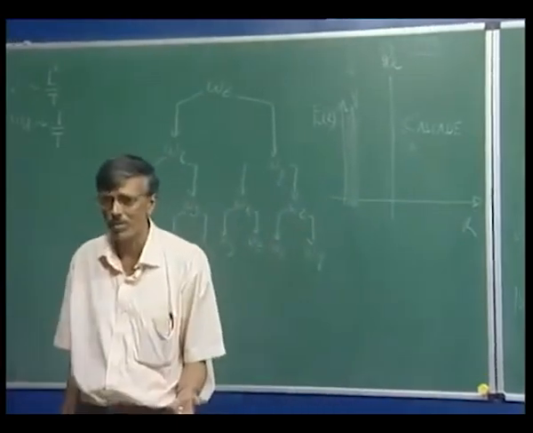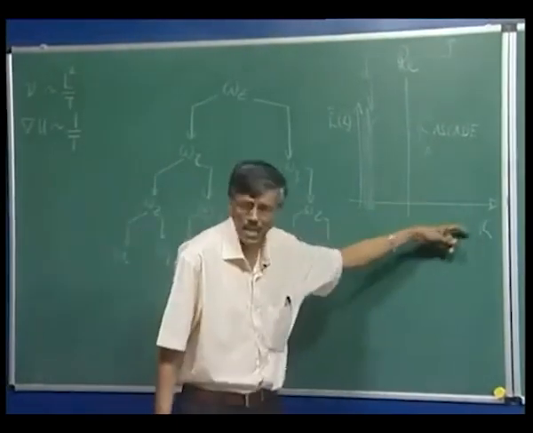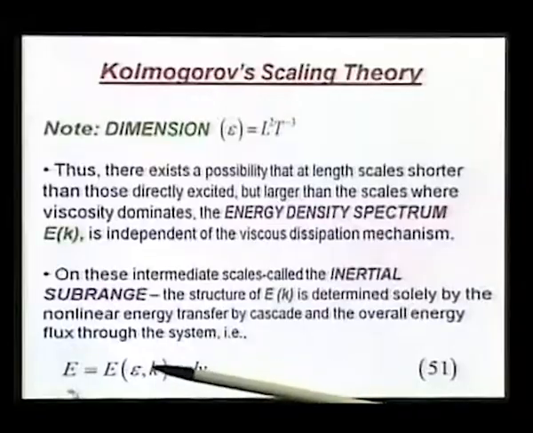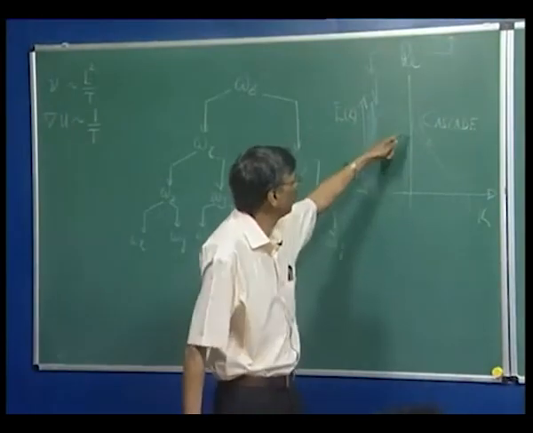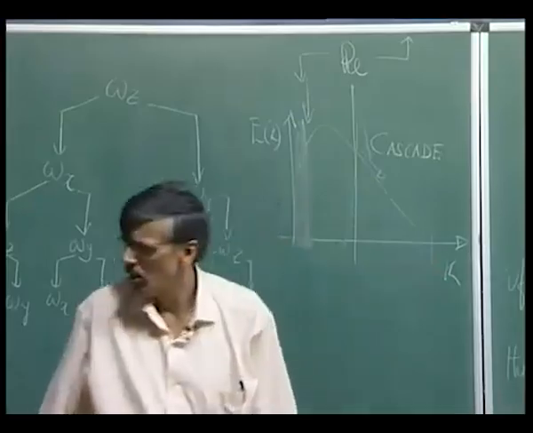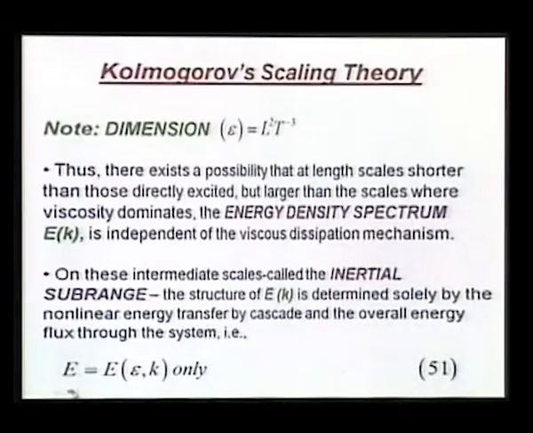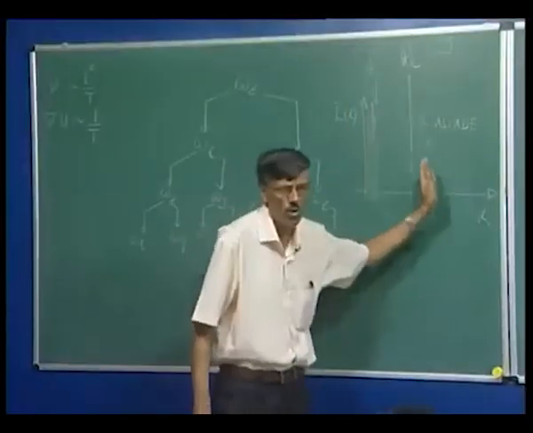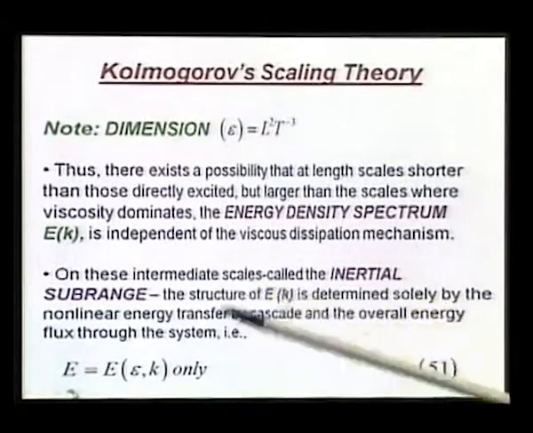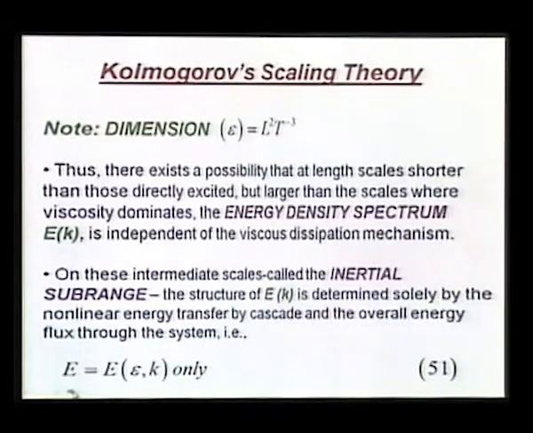So, it depends on what? Where exactly this energy is taken out. So, the dissipation is important. It will also of course be a function of k, because that is what we are looking at. We are looking in the k space. So, what happens to the energy at this k is different than this. So, there is a direct dependence on k. So, basically in this inertial subrange, which is neither to the left nor to the right, in the middle, the middle ground, E would be a function of epsilon and k only, right.